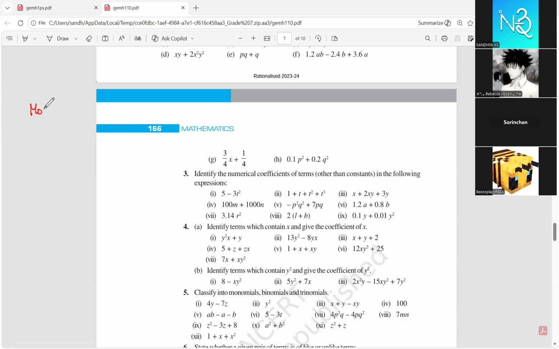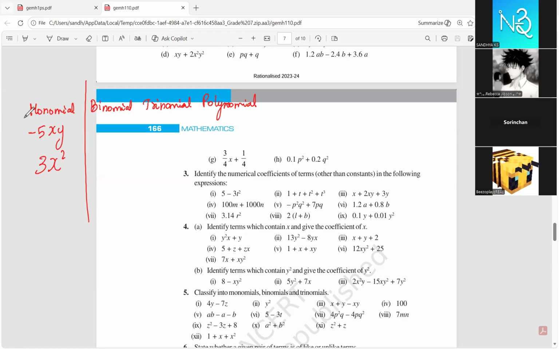We are going to group monomial, binomial, trinomial, and polynomial. If you have only one term in the expression, for example minus 5xy, only one term, it is a monomial. 3x squared is a monomial. These all have only one term. We know what a term is now.